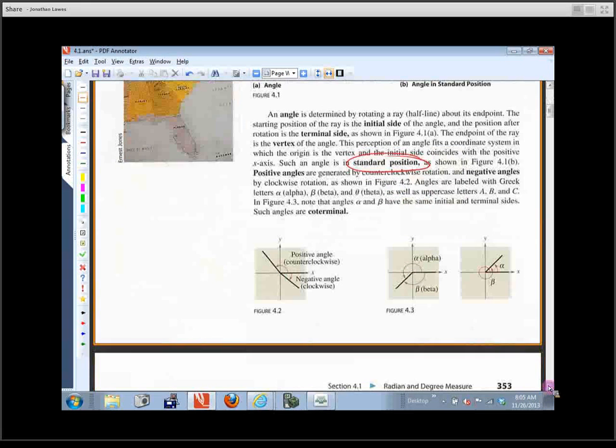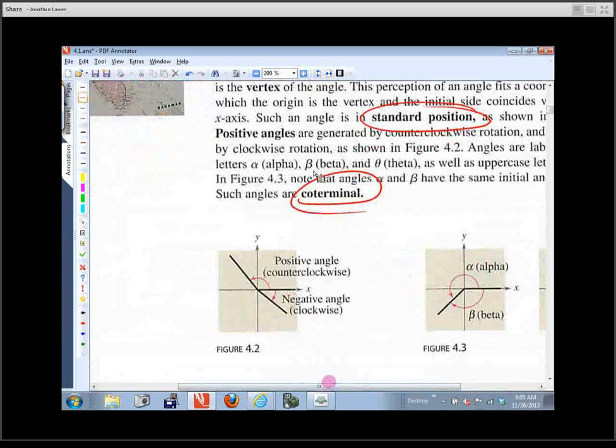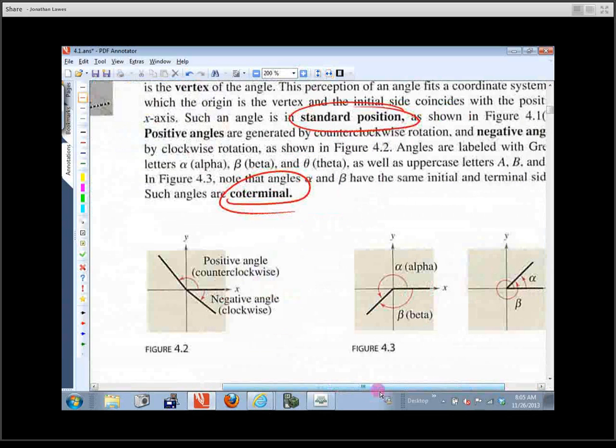Coterminal is a word you've got to be aware of because there are lots of different angles that look very similar, but they have different measurements. So we're going to say this, and we're going to modify this in just a minute.